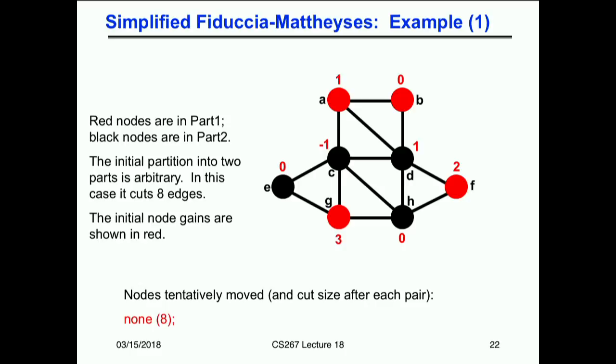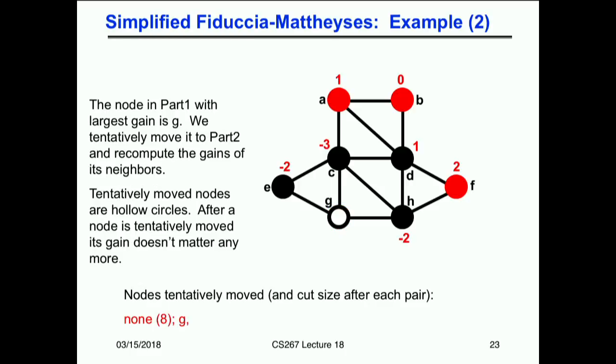Okay? So these gains are written next to the vertices. The vertices use letters, and the numbers are the gains if I were to swap them to the other group. So if I swap vertex G to the red group, I gain 3. That's the maximum, so I do that.